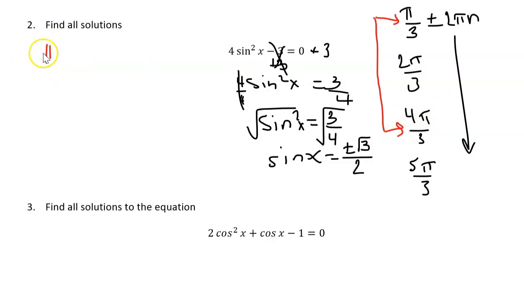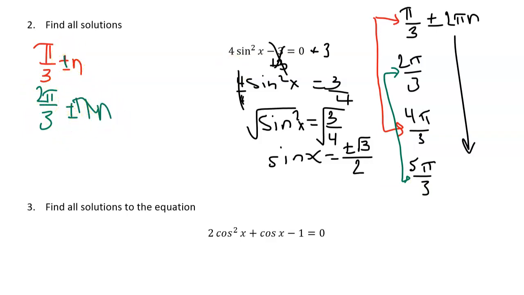So what we can really do is write pi thirds plus or minus pi n. So the same thing goes for 2 pi thirds, which is pi away from 5 pi thirds. And so we can also write our other answer as 2 pi thirds plus or minus pi n.